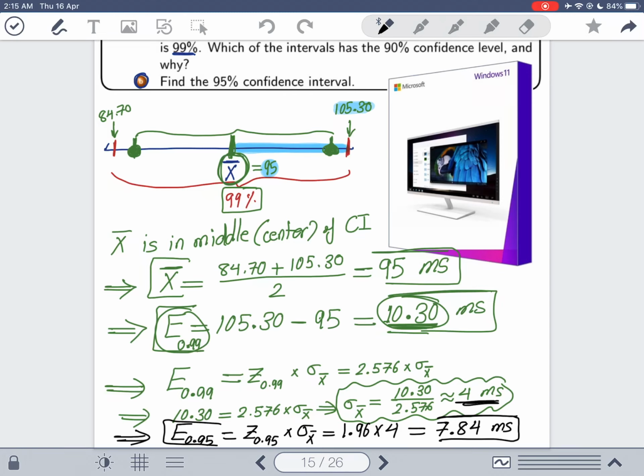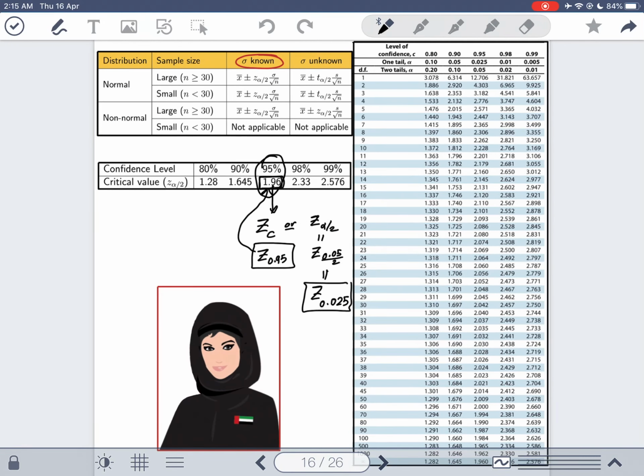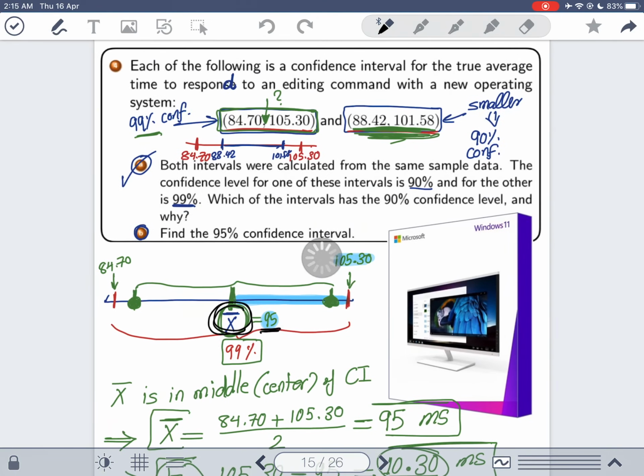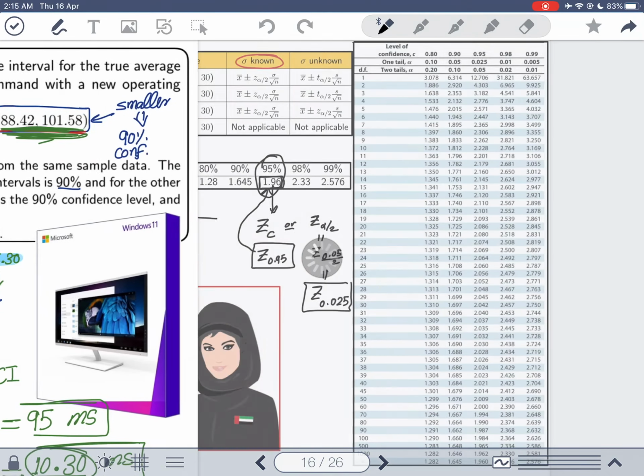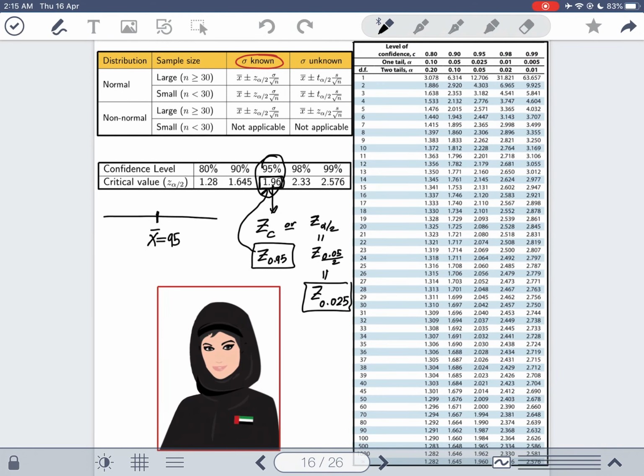Good. I'm going to continue on the next page because now we got the margin of error and we know our x bar, it's 95. So here I will show you. You have x bar, and x bar is, how much was it? 95 milliseconds, of course.